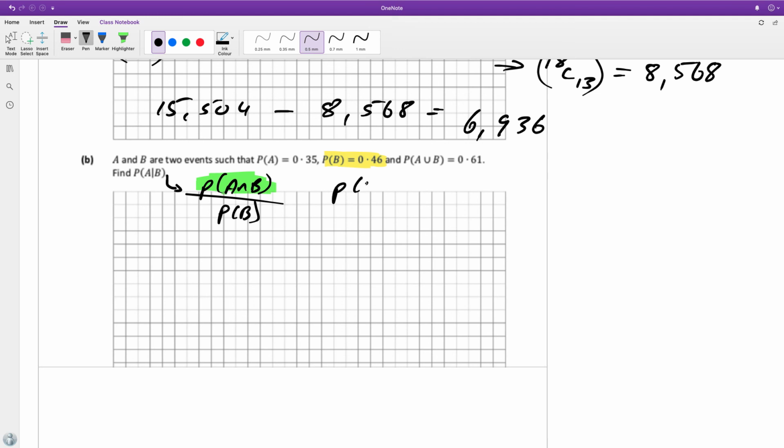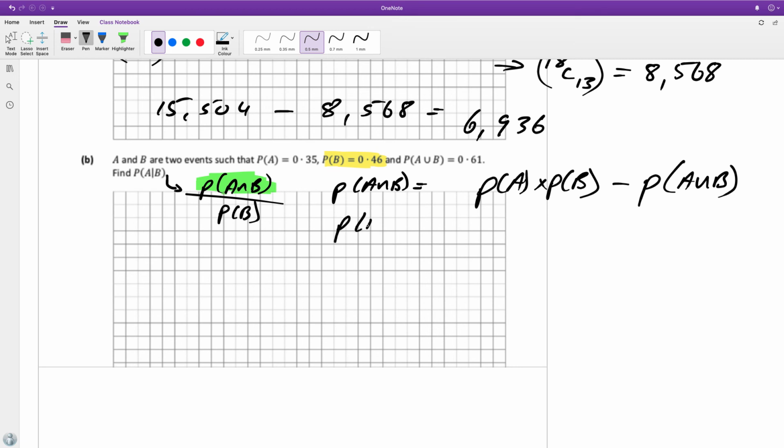Anyone any idea how I'm going to get probability of A intersection B? Probability of A plus probability of B minus probability of A union B. My fault. I gave you the wrong little bit at the beginning: I put in intersection twice and then put in union.